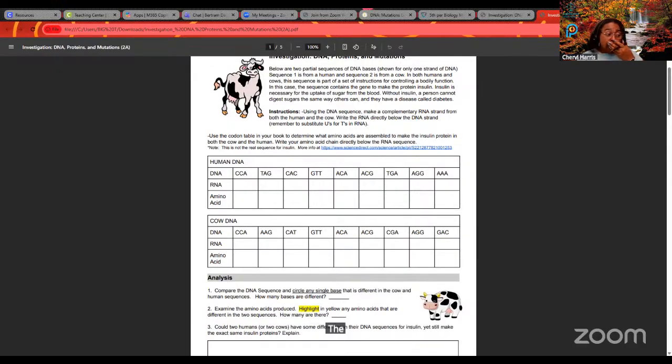The third one is CAC, but on the cow, it's CAT. So that's 2 right there. And then if you go down, skip 3. All right, that's 4, 5, 6. The seventh one is TGA on the human, but on the cow, it's CGA. So that's the third one. And then the last one is AAA on the human, and it's GAC on the cow. So that's 4.